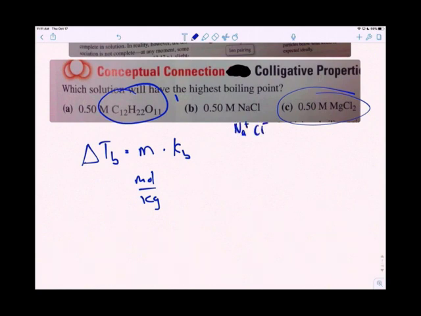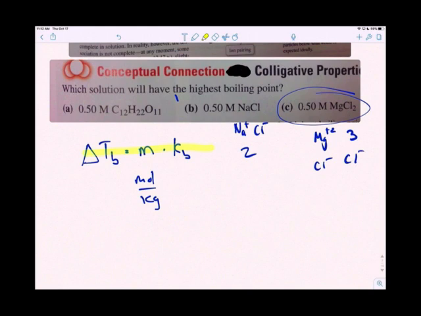Colligative properties deal with the number of particles. There are two particles here. Magnesium chloride forms magnesium 2+ and 2 Cl-. This has 3 particles. Since it's the moles of particles, this is the one. Magnesium chloride is going to have the highest boiling point, because the boiling point, if you remember, is a colligative property.